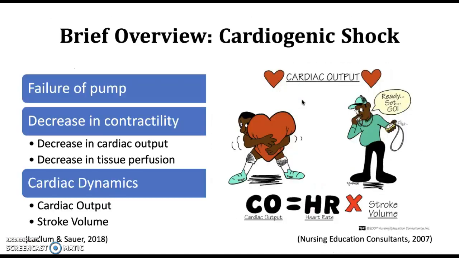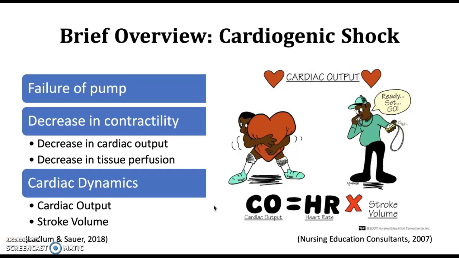If we go back to this slide here, stroke volume on this right-hand corner, if that decreases, this directly affects the cardiac output, and therefore the overall cardiac output is also decreased. With the reduced cardiac output, this causes a decrease in blood pressure, or hypotension.